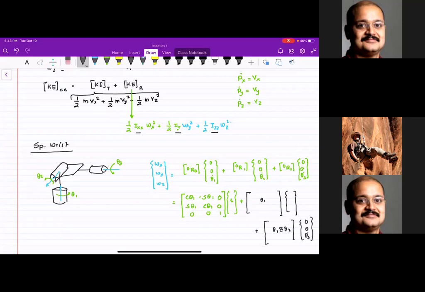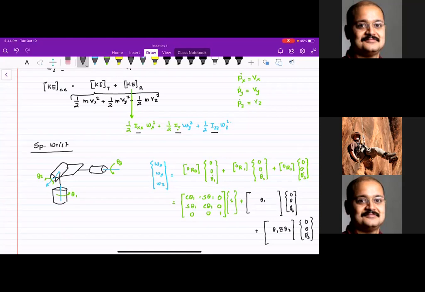So the key observation here is that to find the projection of theta 2 dot, you will have some cosine or sine component of theta 1. To find the projection of theta 3 dot, you will have the product of components of theta 1 and theta 2.